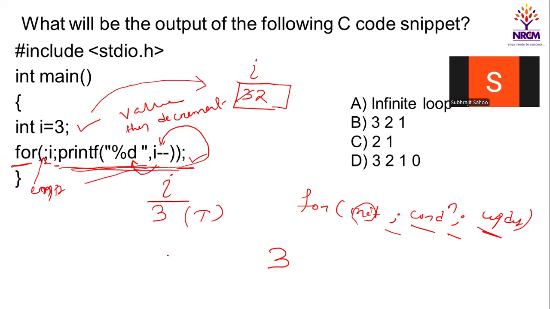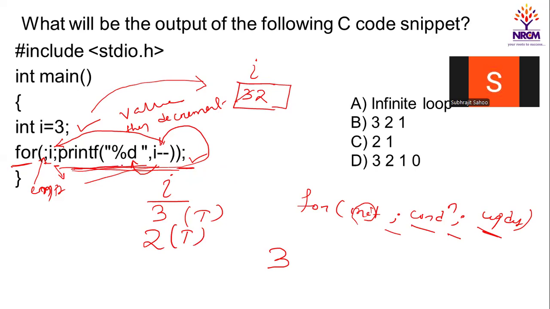One value decrement. Then after this, again it will go to the condition. What is the condition here? i. Right now i value is 2. 2 means true or false? True. If it is true, it should enter the block, but there is no block and it is terminated by the semicolon.